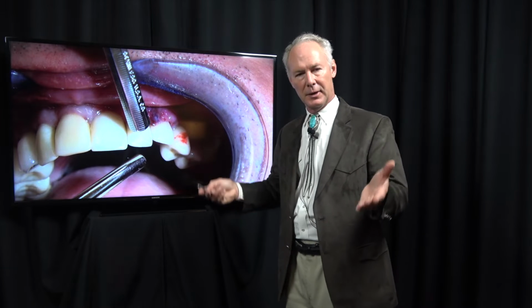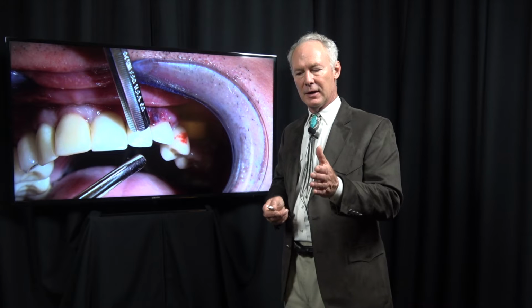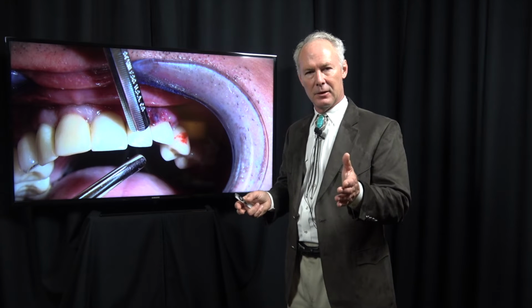Say the tooth was split vertically and you couldn't tell on the radiograph, and you eventually lost the tooth that had the apicoectomy. You can always go back and do the implant later. It's like a second parachute. So I hate to pull my second parachute until I have to.